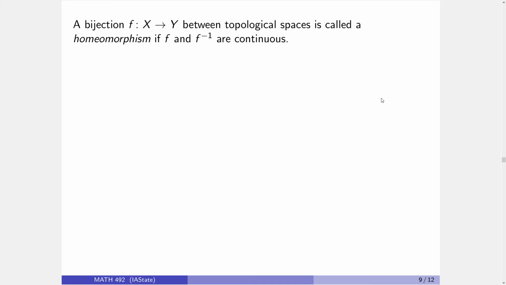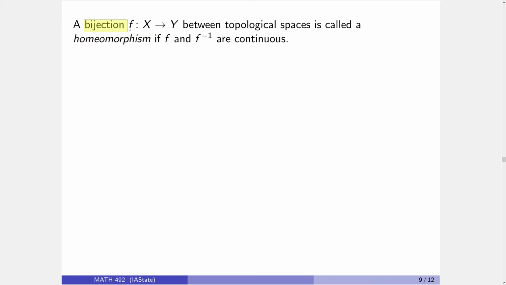All right. So something that we care a lot about in topology is the idea of a homeomorphism. And the idea here is, given two topological spaces, you want to identify if they're the same thing. And it turns out the way to do that is through this object called a homeomorphism.